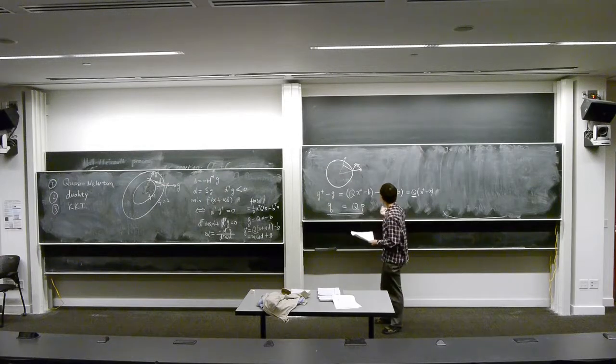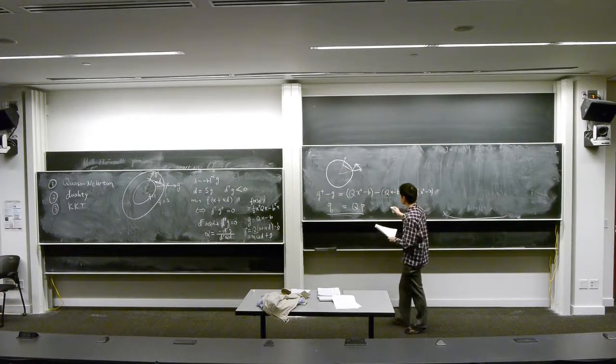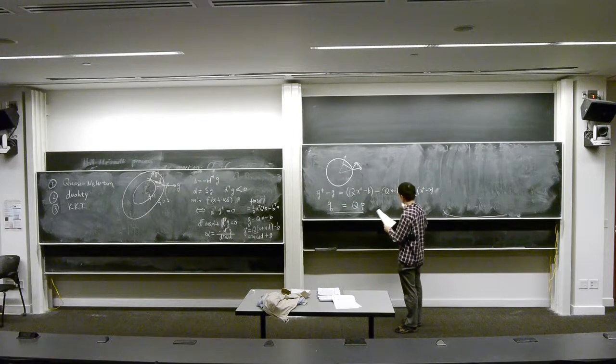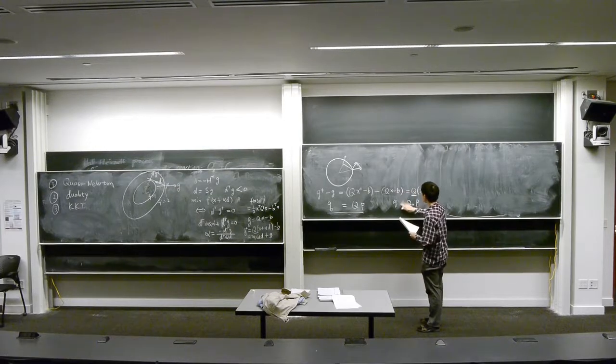But I don't, because I don't have the correct form of Q. Suppose now my estimate is Q naught p, and they are not equal.